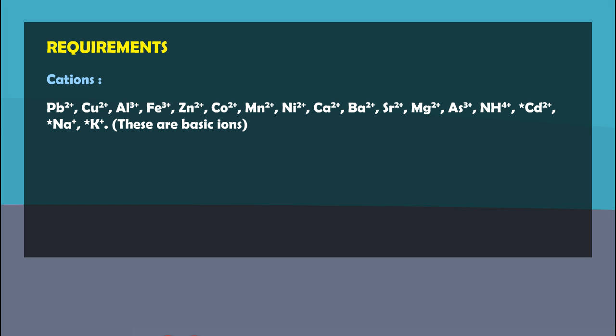Cations: Pb2+, Cu2+, Al3+, Fe3+, Zn2+, Co2+, Mn2+, Ni2+, Ca2+, Ba2+, Sr2+, Mg2+, As3+, NH4+, star Cd2+, star Na+, star K+.